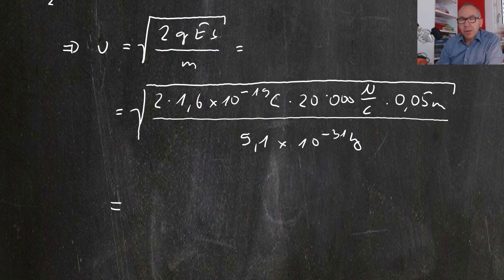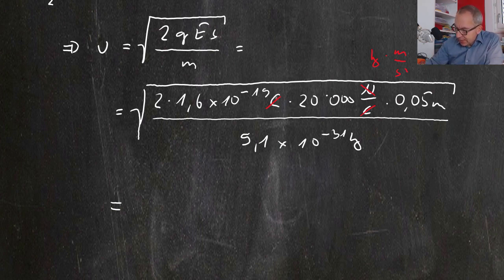First, let's have a look at the units. The Coulomb drops. We have to remember what a Newton is. A Newton is kilograms times meter per second squared.